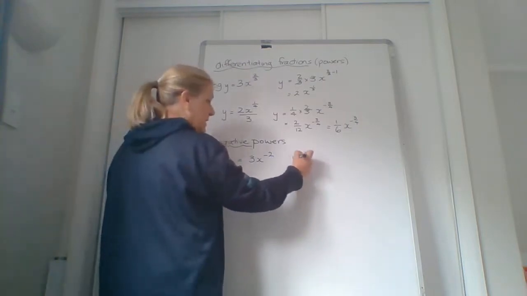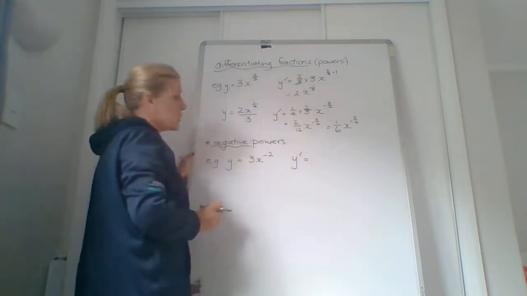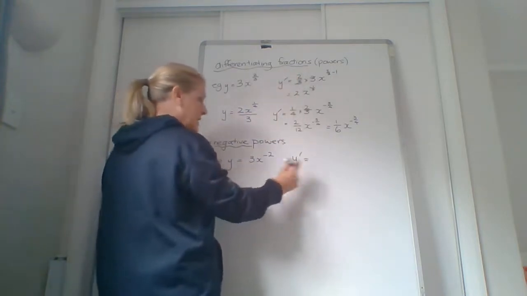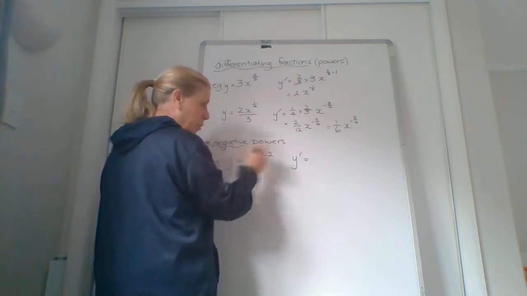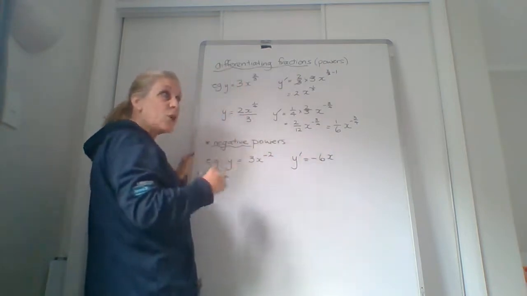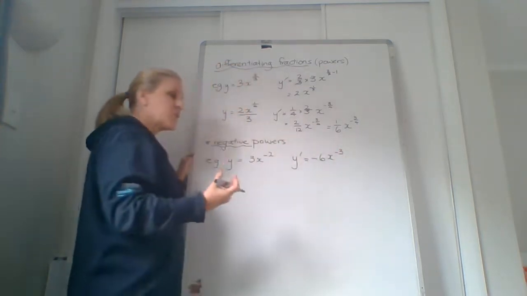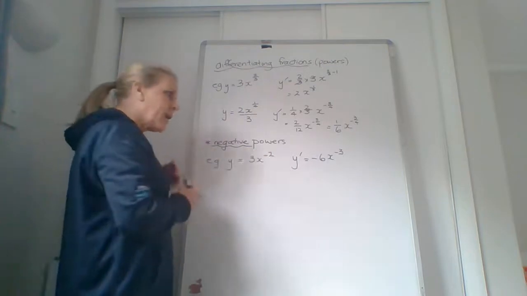So we just go y dash equals, sorry, those should both be dashes. Do make sure you put those in. y dash equals negative 2, take the power, multiply by it, negative 2, negative 6. And negative 2, take away 1 is not negative 1, it is negative 3. Good. So we need to make sure we go in the right direction, always down the number line.